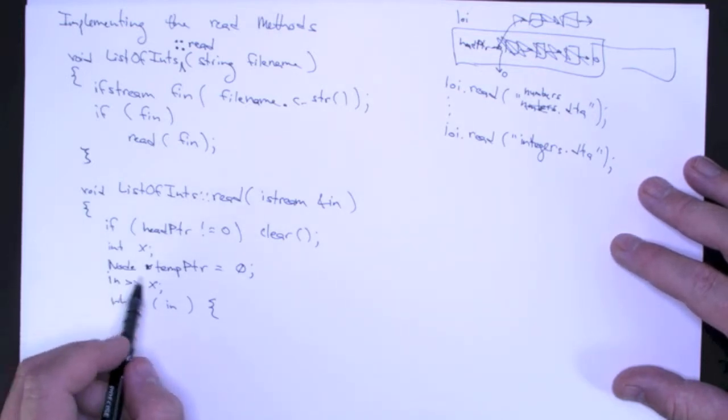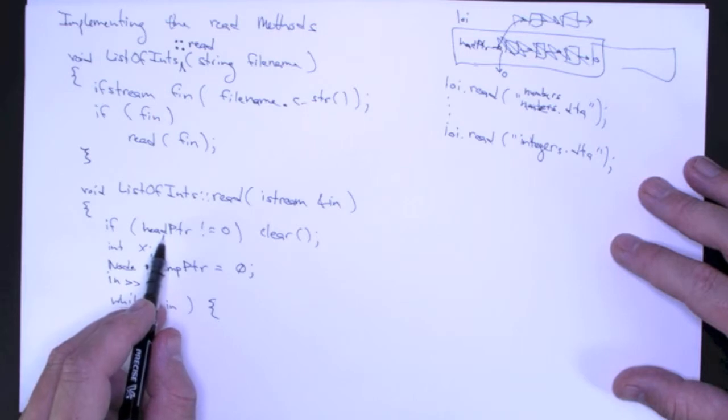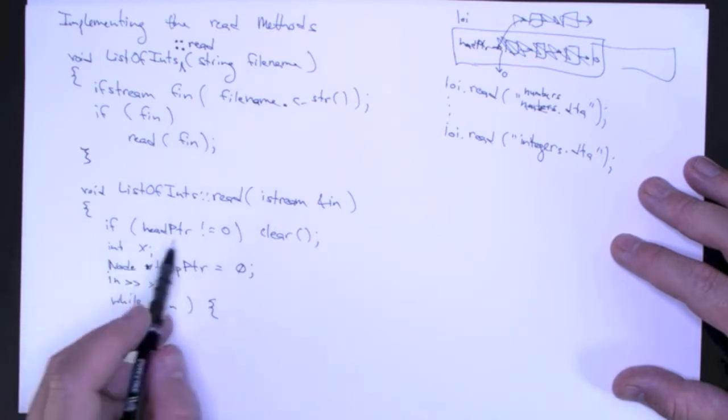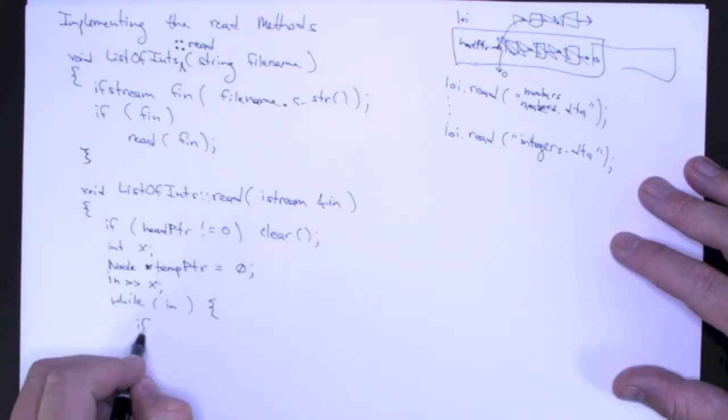And I need to make head pointer and temp pointer point to that. How do I know if it's the first node in my chain? Well, head pointer will point to null.